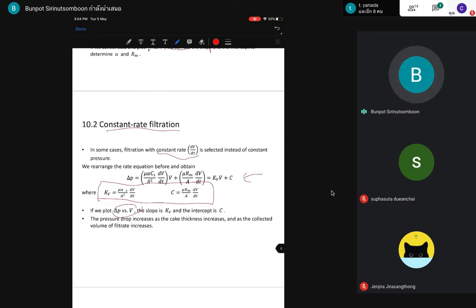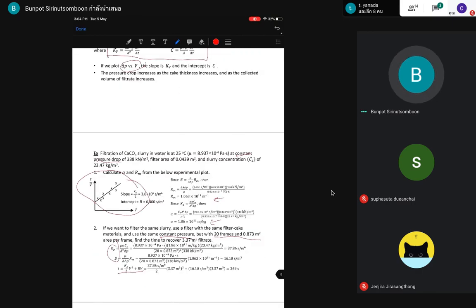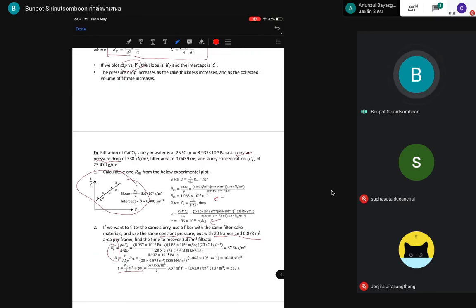And the exercise is simple: make a plot, find the slope and intercept, and use them to calculate alpha and Rm.